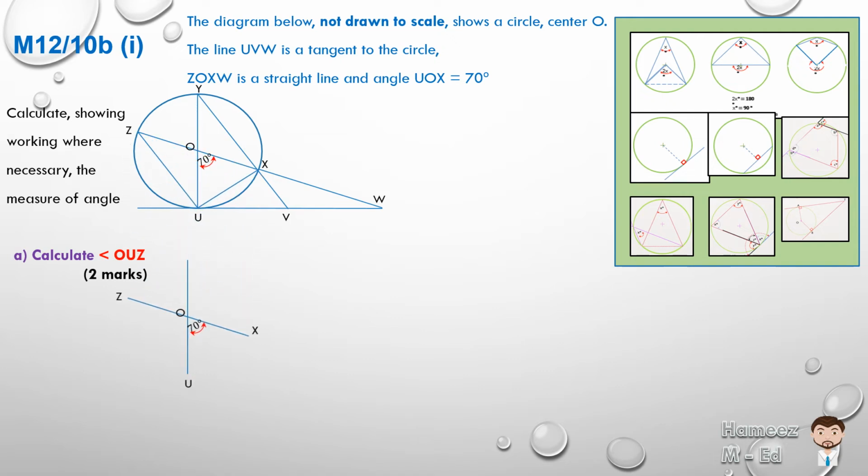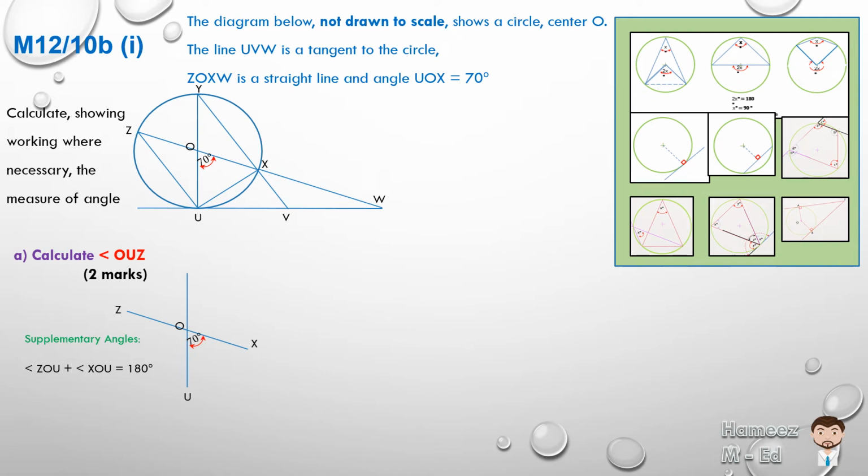So let's extract the center with the two lines crossing showing the intersection. And what can we say? Those two angles, ZOU and XOU, are supplementary. So let's write that. ZOU plus angle XOU is equal to 180 degrees.